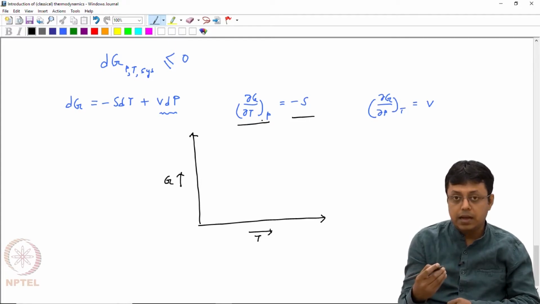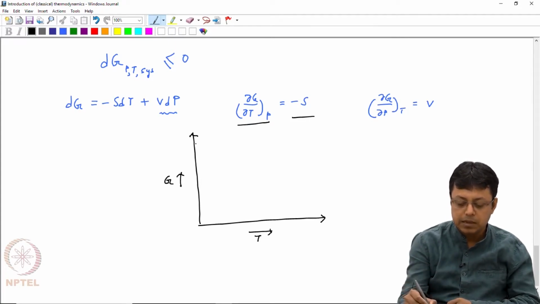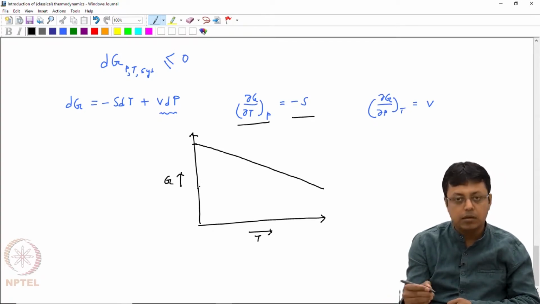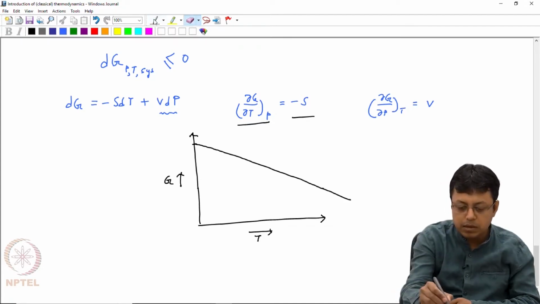Now if we take a gaseous substance in the vapor phase, usually the molar entropy of the gas will be very high. So we'll start from a very high point compared to liquids and solids, and the decrease will also be much steeper. Compared to that, the liquid will start somewhere below the gaseous value.